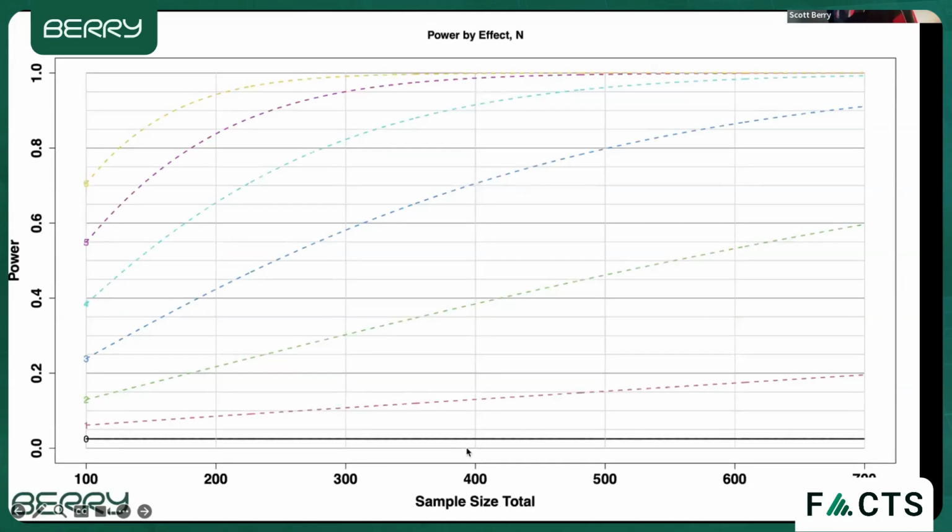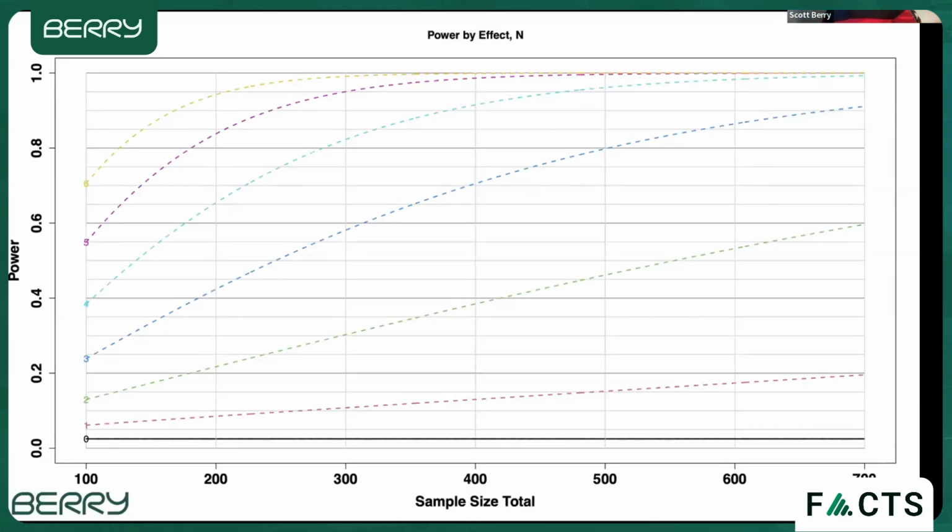By the way, if somebody asks what sample size I need for an effect size of 4, saying 300 isn't really the simulation guided thing. It's presenting this.